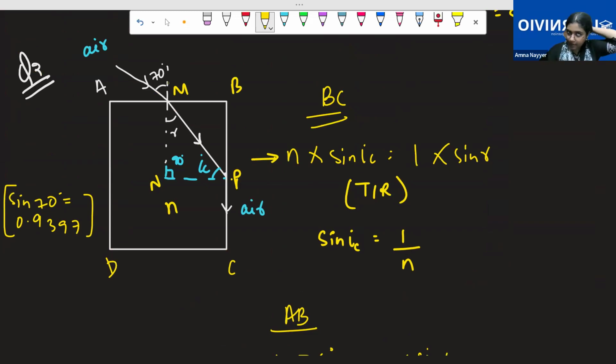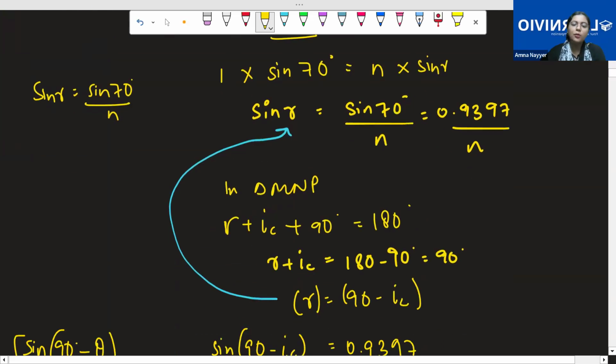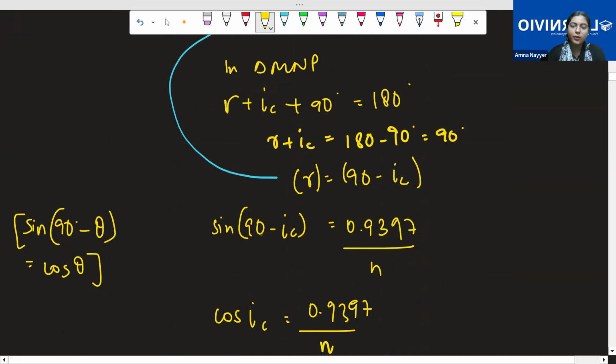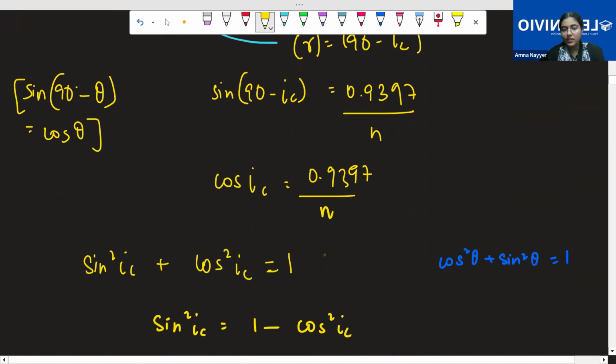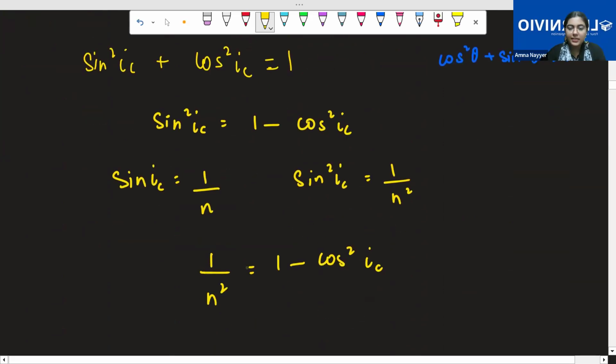Here at this point M, on the AB side, we again applied Snell's law. What we got? Sine r's value. Then from the triangle, we could get R's value, that is 90 minus IC. When we put it here, we got sine 90 minus theta, which gives us cos theta. From cos theta, we got the value of sine IC, which we had kept separate initially. So sine square IC is 1 by n square. This is what we get.